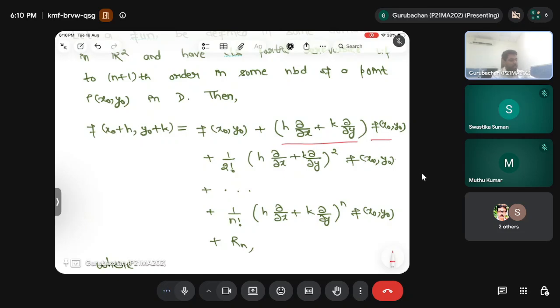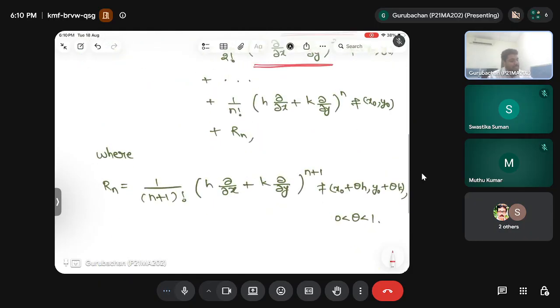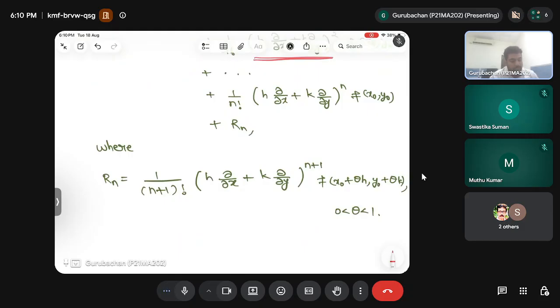Therefore we take it like a common term, and similarly in the next term, rather than writing the double derivative, we wrote it like a combination of square, so it can have all the possibilities fxx, fxy and fyy. So like that, the remainder term will be in this particular scenario.